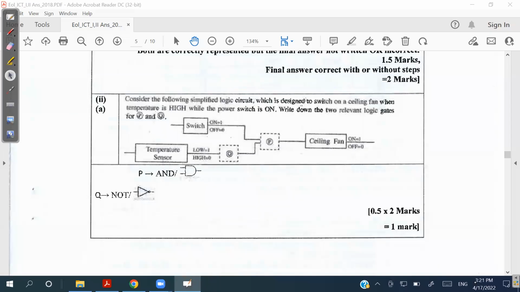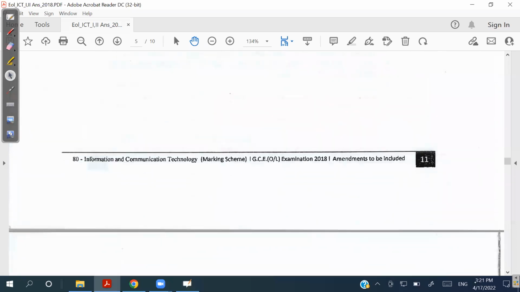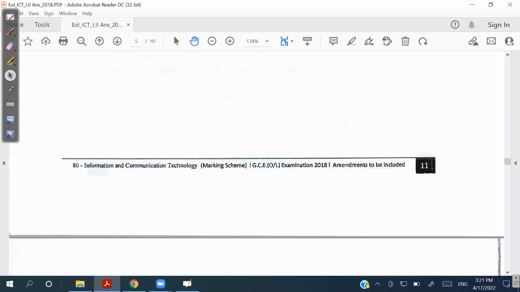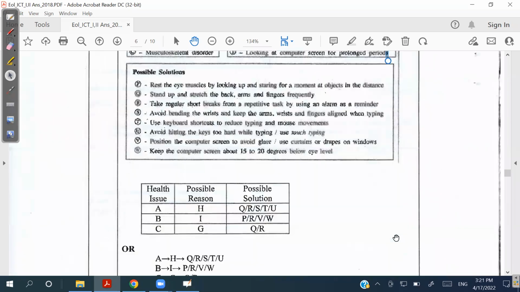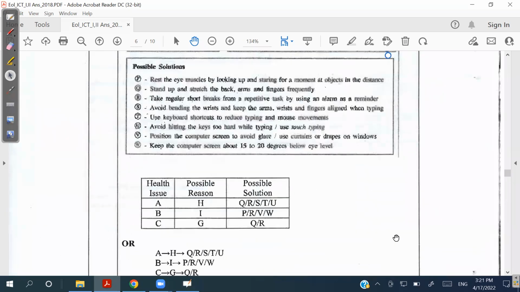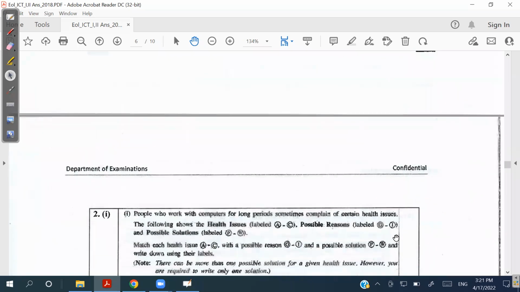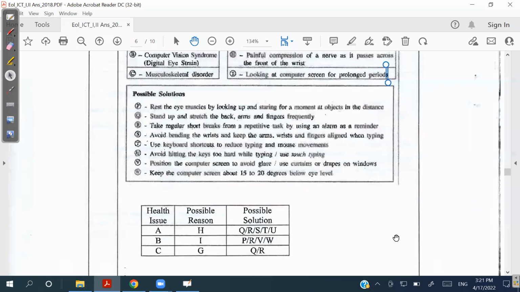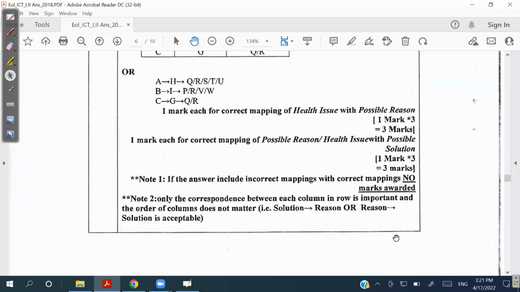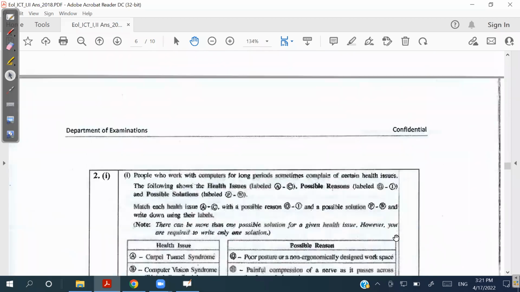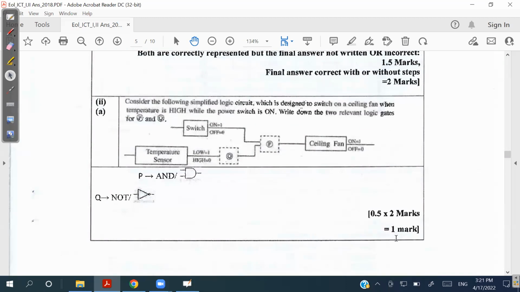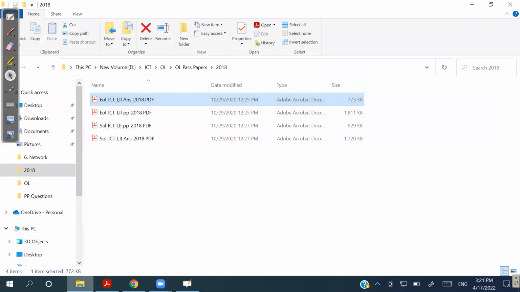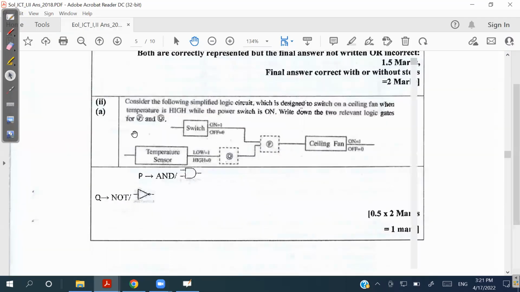Right, and for the second part, page number 11, and oh my God, this is page number 16. Okay, anyway, so for the second part, you are going to have 1 mark as well. Let me take the sample answer script as well.